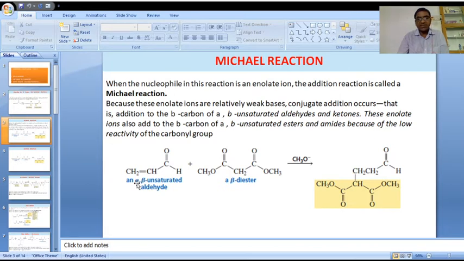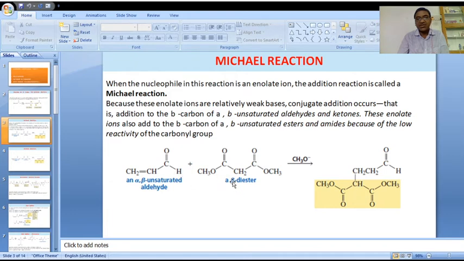moves fast. Here this unsaturated aldehyde reacts with the diester, and this active methylene bonds with the beta carbon.